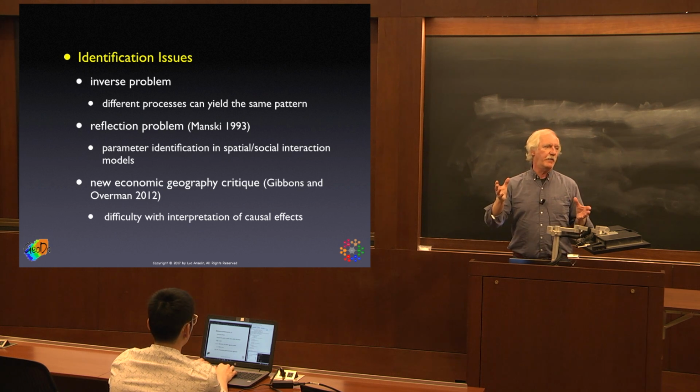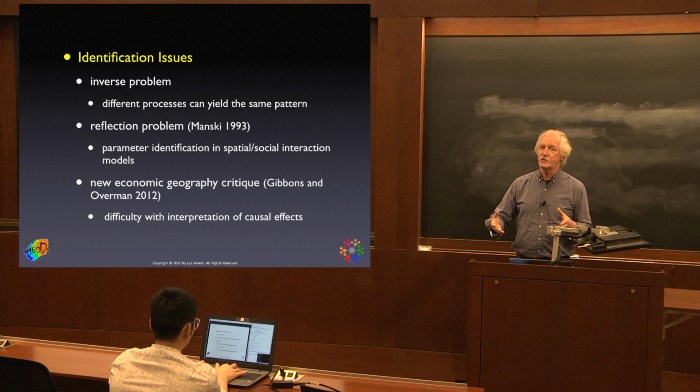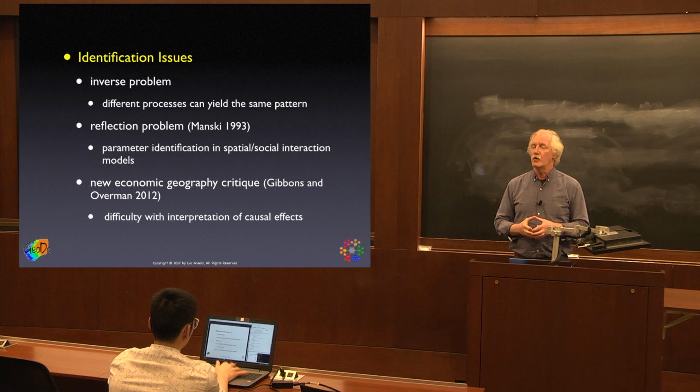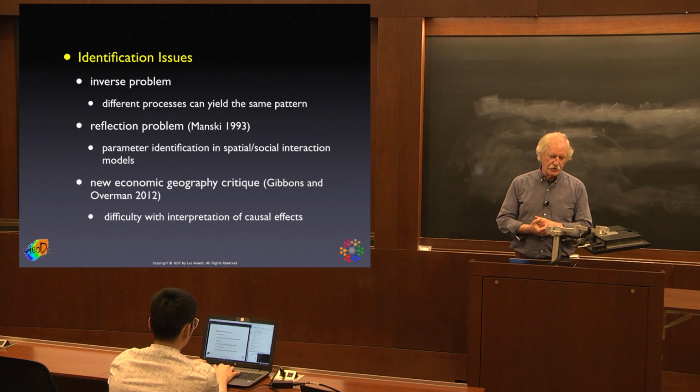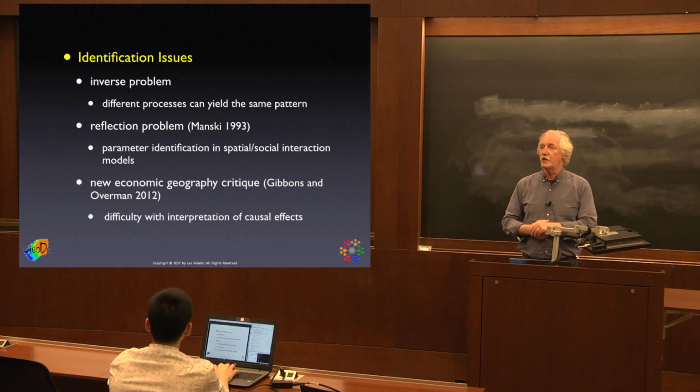How did that map get there? Is it a spatial autoregressive process? Is it a spatial moving average process? Is it some other process? Is it heterogeneity rather than dependence? There's a classic identification problem which deals with true or spurious contagion.